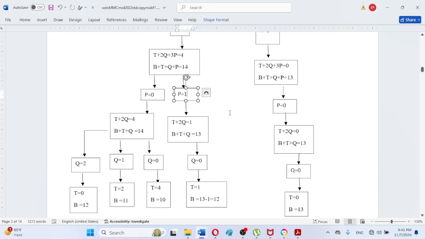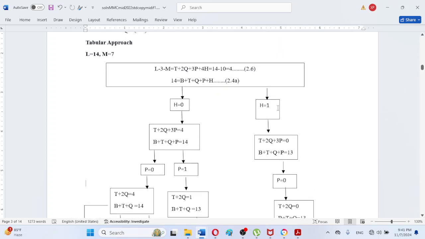In this way the fourth set has been obtained, and now we will consider the other binary value of hexagonal link, which is equal to 1. So if h is equal to 1, this equation will change into t plus 2q plus 3p plus 4h, where h is equal to 1.